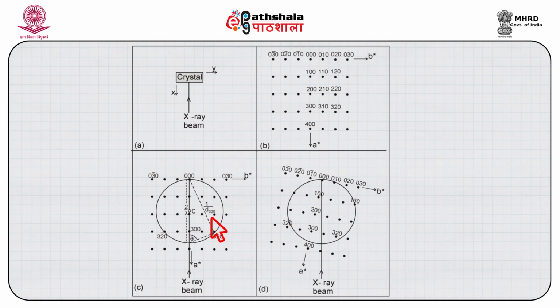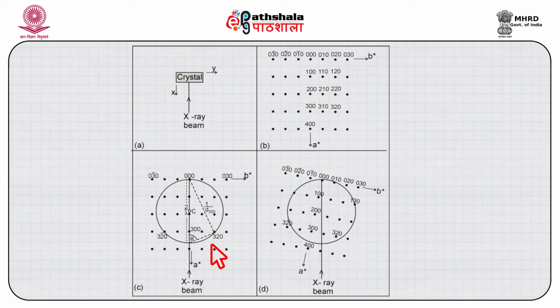this plane 3 2 0 which intersects on this circle. In 3-dimensional, this circle will represent a sphere. So, wherever this 2 by lambda diameter circle intersects the lattice point, that will mean that the Bragg equation is satisfied.